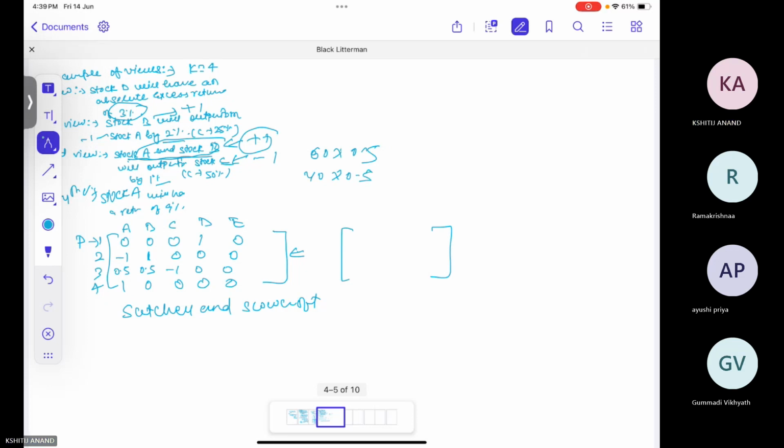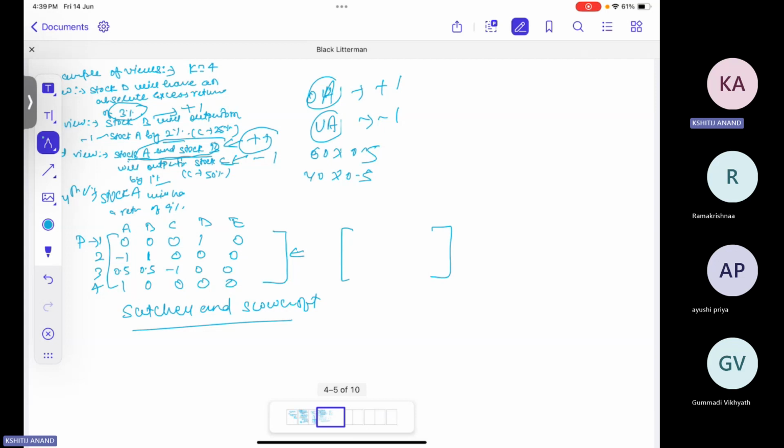But in case of a relative view, the row must sum up to 1. So in this case, you can see the row is summing up to 1. So basically what you do is assign +1 to the outperforming asset, -1 to the underperforming asset, and then either divide equally, that is the Satchell and Scowcroft method, or divide according to market capitalization. That is your choice. Similarly, in the fourth case, there is only one.